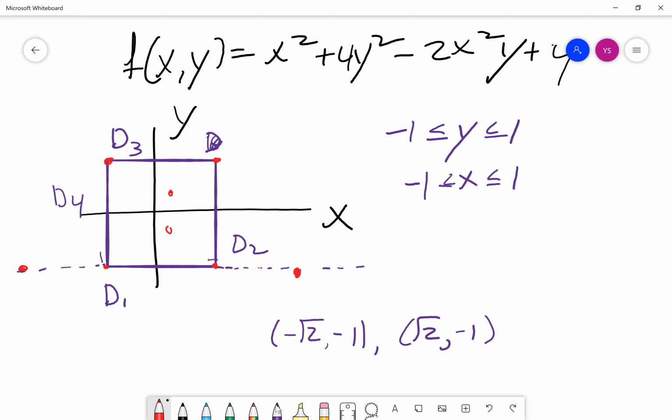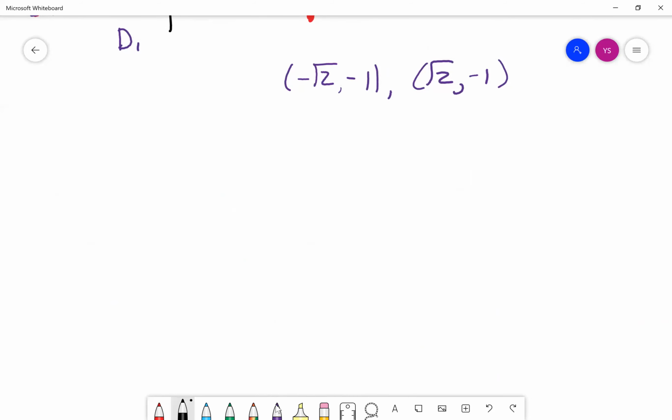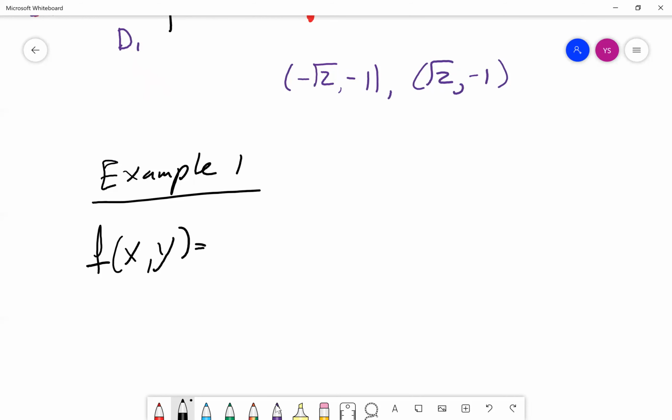Okay, so let's move on to another problem. So let's say our f(x, y) is equal to 2x squared minus y squared plus 6y.